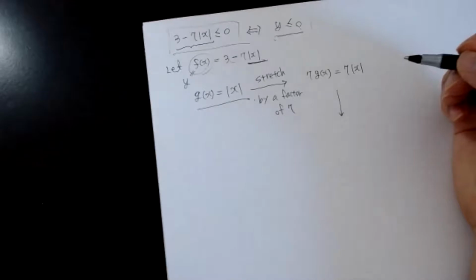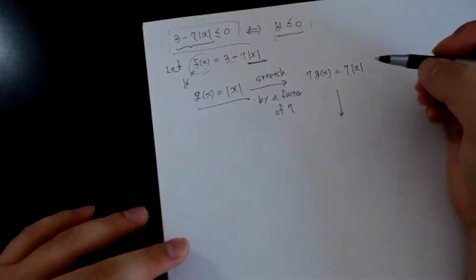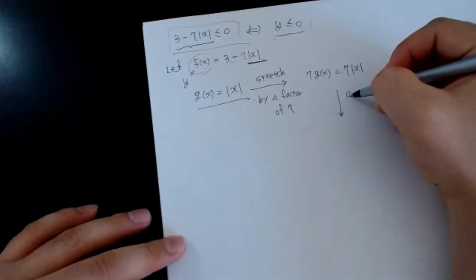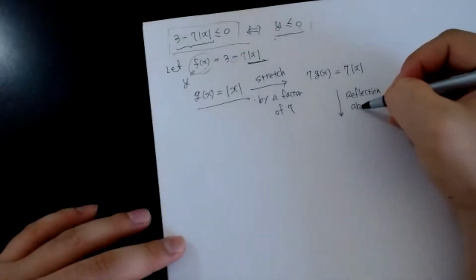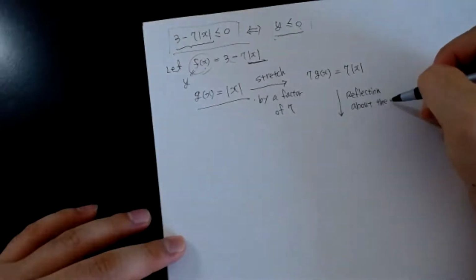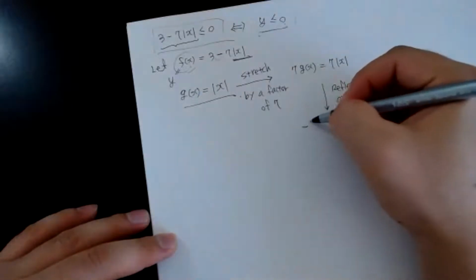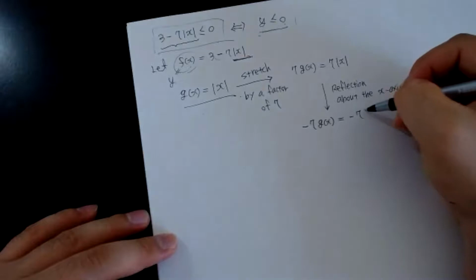Please memorize the four transformations: translation, stretching, shrinking, reflection. So the reflection about the x-axis gives negative 7 times g of x, which is negative 7 times the absolute value of x.